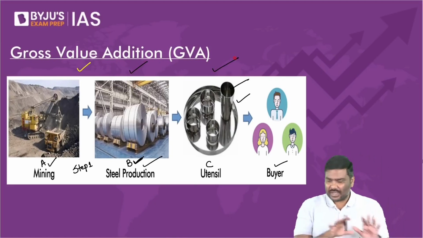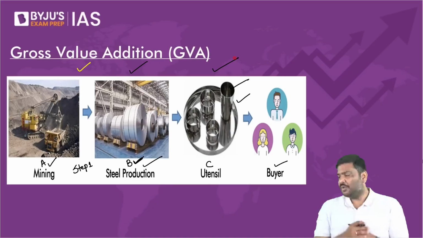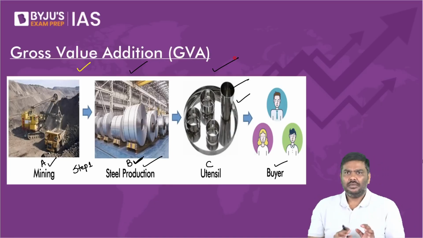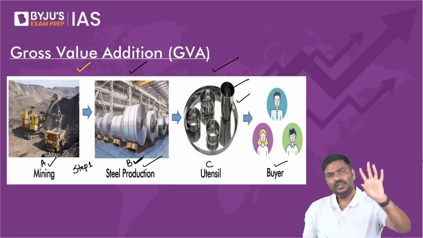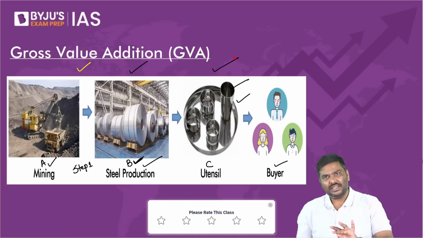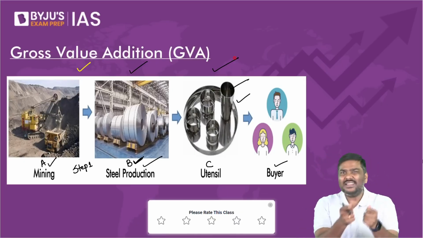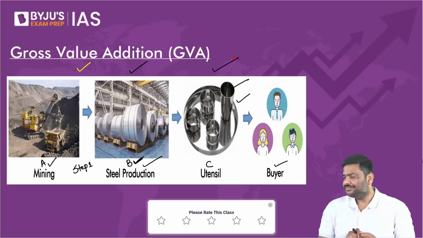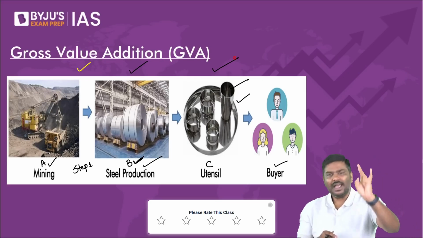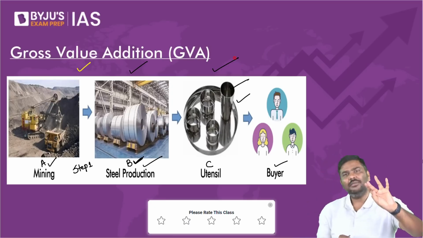And have a look at this. Next important point. Don't you think every company, take for example, company A, company B, and company C, can I say all the companies are adding certain value to the economy? Is it okay? All the companies are adding value.